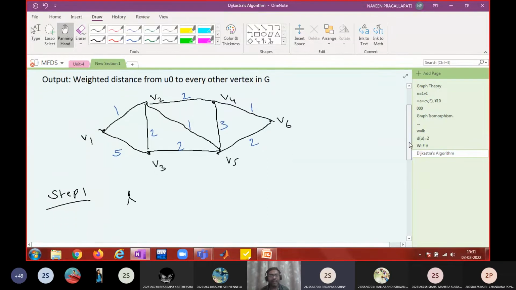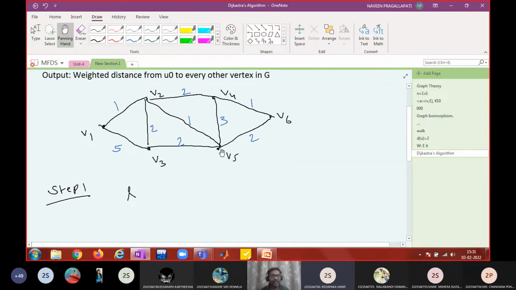So whatever vertex you want to start with, you call it u0. Here I am selecting u0 as v1. While implementing the algorithm, we'll say what u0 is. u0 can be v1. For the time being, let us say you are starting with some initial vertex u0.